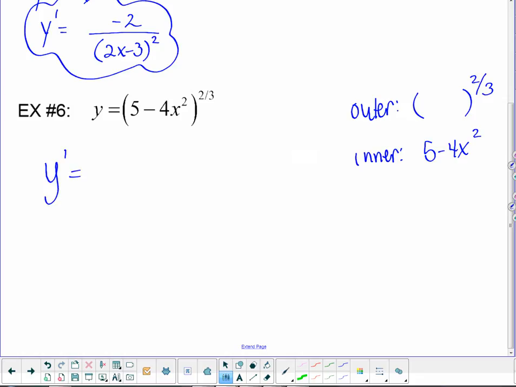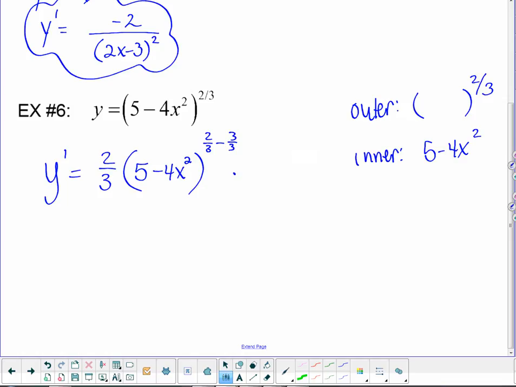Let's start with taking the derivative of the outer. 2/3 comes down, and then I'm going to have 2/3 minus 1, which would be like 3/3. Leave the inside alone. 5 minus 4x squared. You should only ever be doing like a power rule one time in that first step, or changing a trig function. There should only be one derivative being taken at a time.